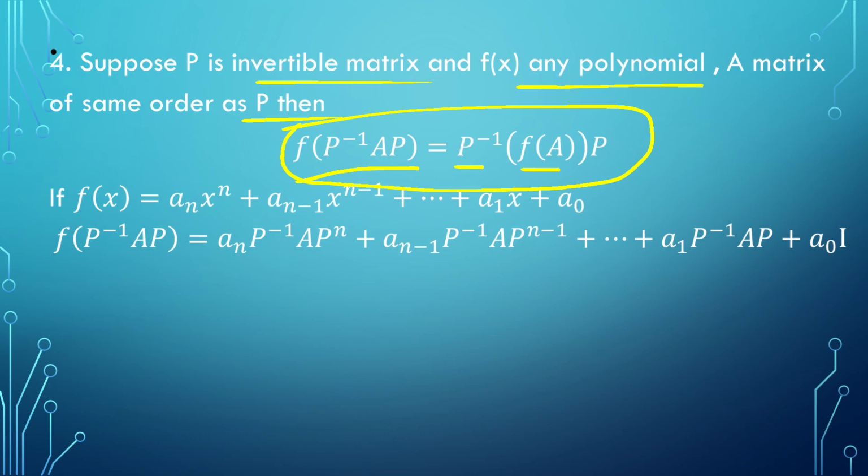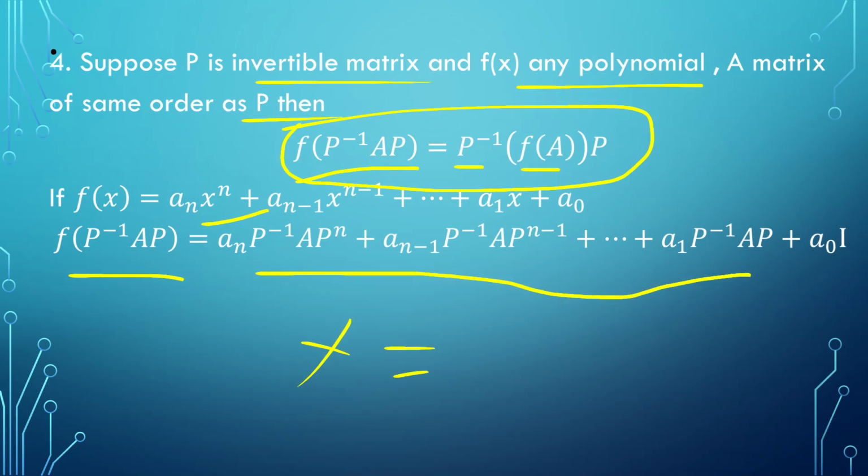If, for example, f(x) is given by this, then f(P inverse AP) will be given by this. Wherever we have x, we are just substituting with P inverse AP, and hence we have this.